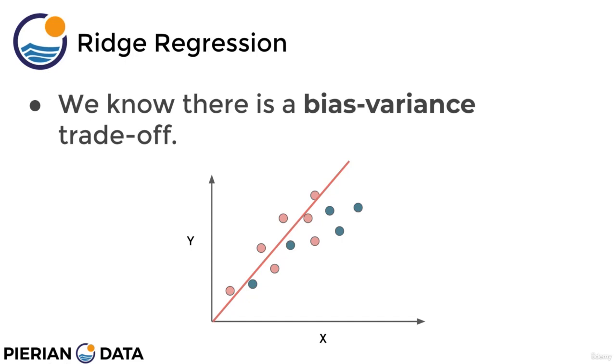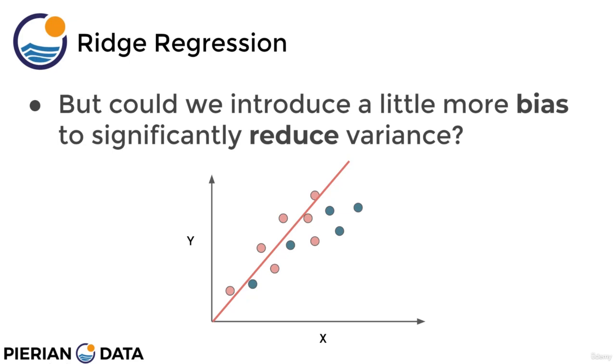So what does that actually mean for ridge regression? Well, the idea behind ridge regression is, can we actually introduce a little more bias in order to significantly reduce variance? So the bias variance trade-off doesn't necessarily have to be a one-to-one situation. If we're clever about this, we could, in the best case, introduce a little more bias in order to significantly reduce variance across the entire data set and not overfit to our data.